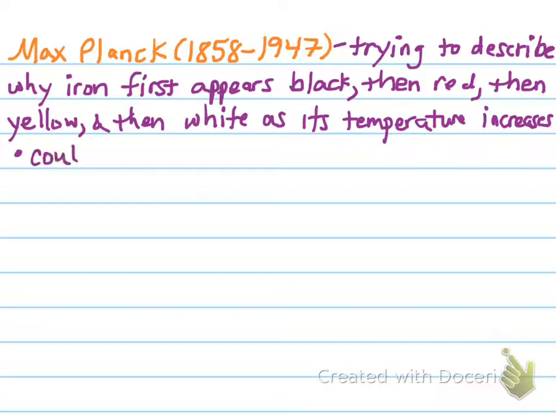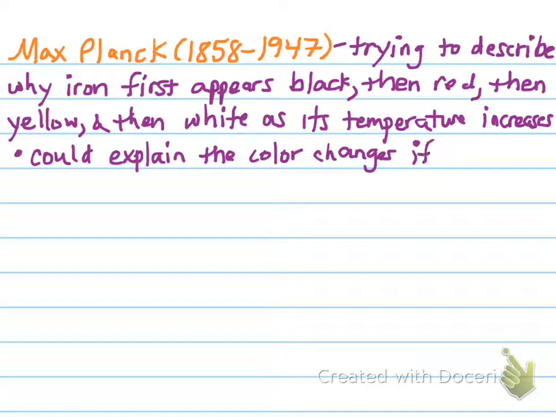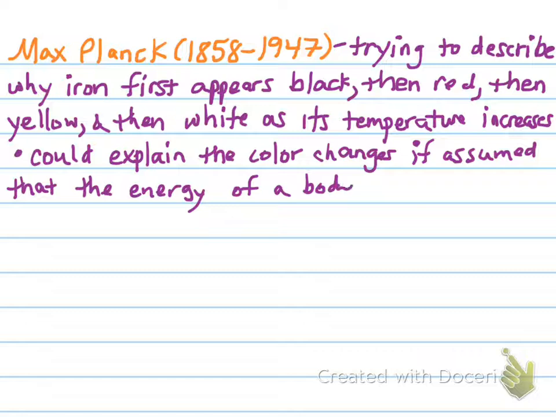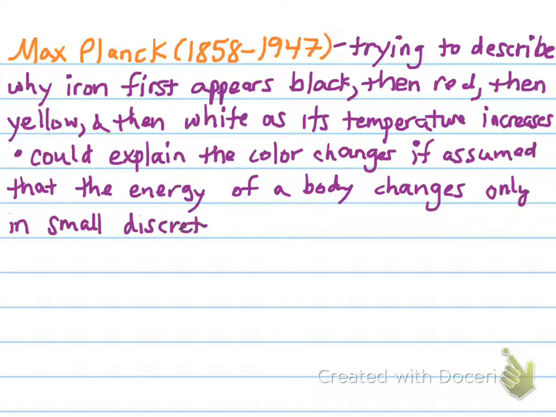He could explain the color changes if he assumed that the energy of a body changes, and we don't mean like a human body, but we mean like a body of metal, only in small, small, discrete units, or quanta.